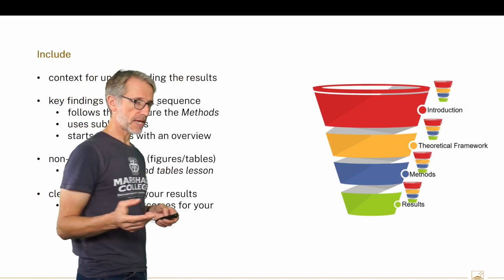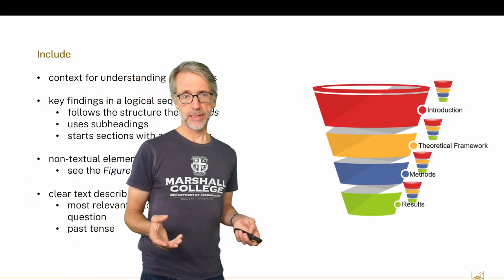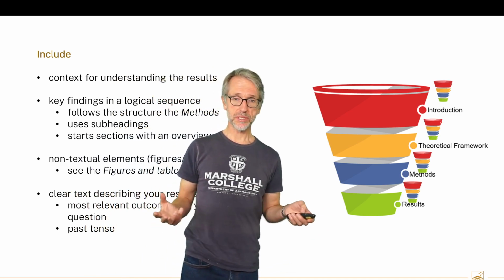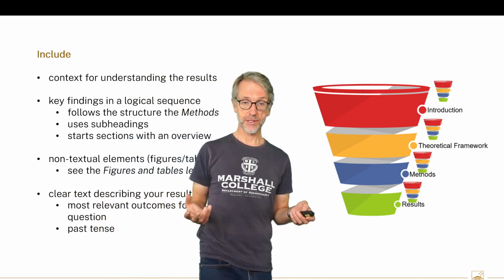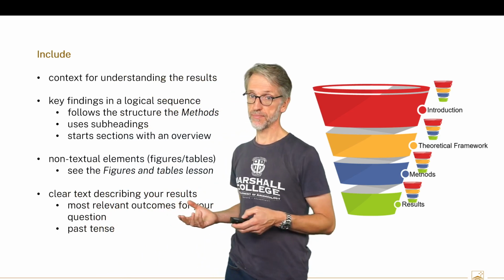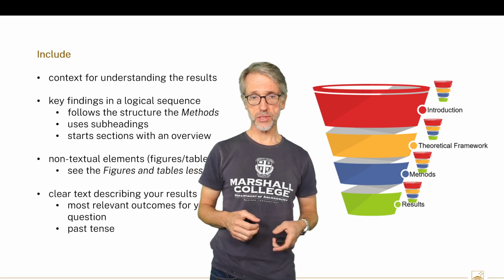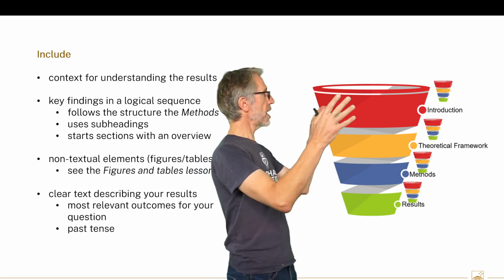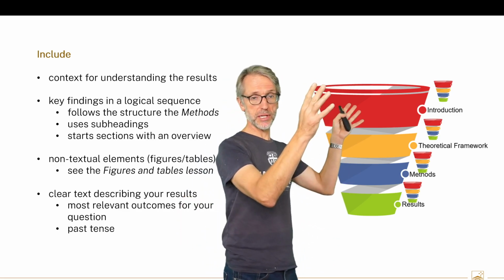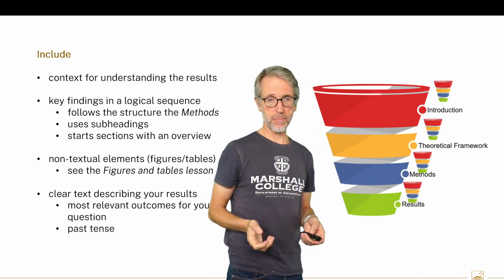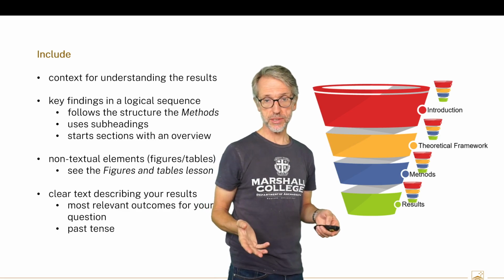But before we get to that idea, let's remember that a paper itself is part of a series of nested writing funnels. You've seen the writing funnel so far when we've talked about introductions: the idea of starting with a broad statement and narrowing to the research hypothesis or research questions.